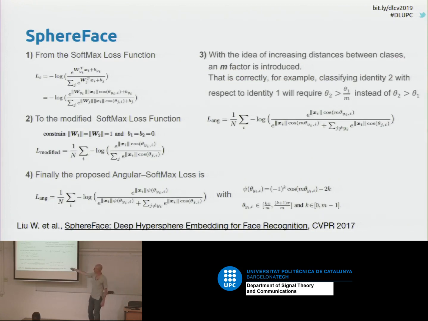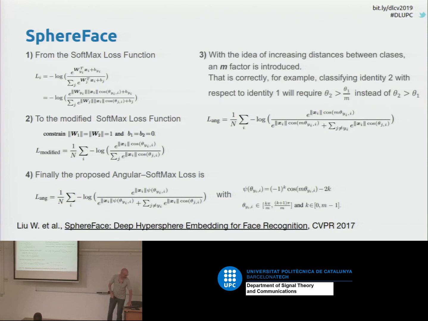Then, as an evolution of that, to further separate the feature vectors you can also use a margin, an angular margin. They try to increase the angle between the different representations by using this factor m, and this can be done with a loss function of this type, where this function is nothing else than an evolution of this cosine here.